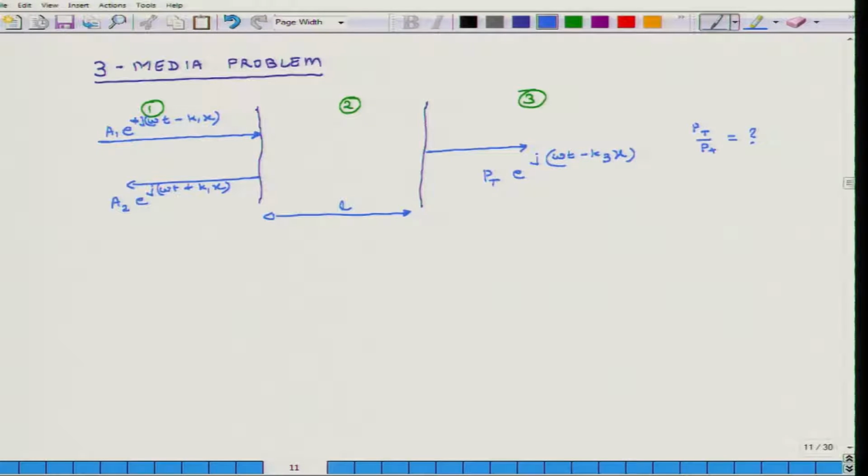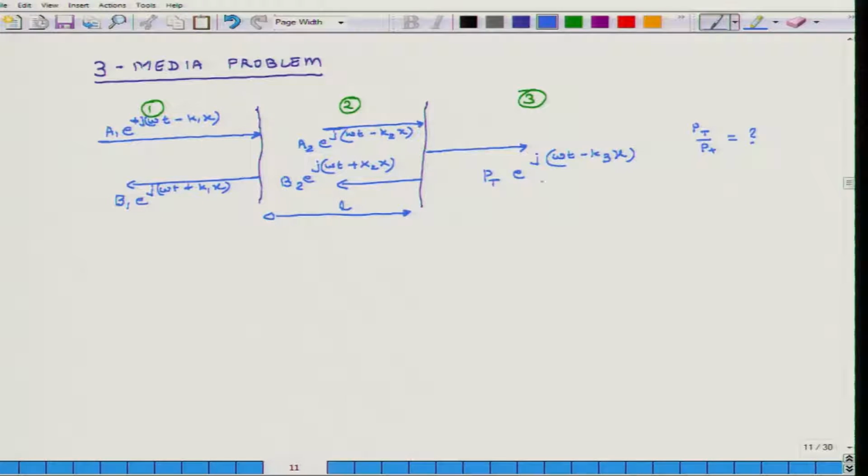Some of it will be reflected and then some of the sound will get transmitted into medium 2. In medium 2, the incident wave hitting at the next boundary is B1 e to the power j omega t minus k2x, and the reflected wave is B2 e to the power j omega t plus k2x.